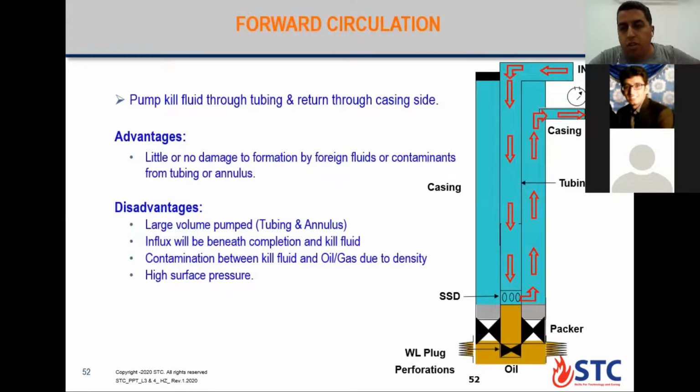In forward, the only pressure effect on the bottom is the APL, annulus pressure loss. While the fluid is coming up, there is friction that affects the bottom of the hole. This pressure is less than the friction inside the string itself and the SSD. So it means that for formations with low fracture pressures, we should use the forward circulation method.